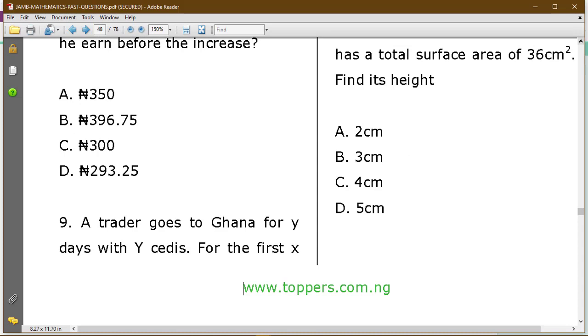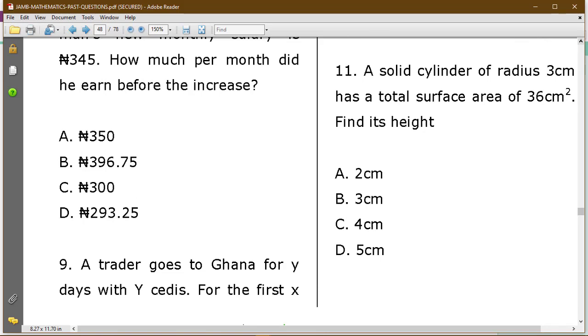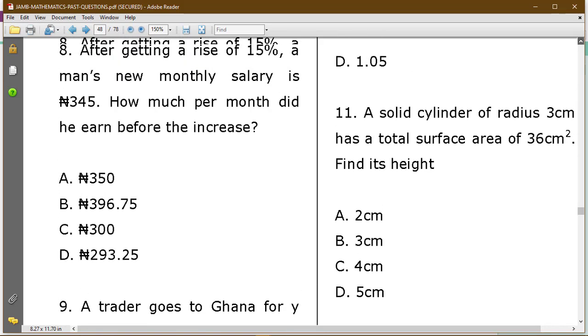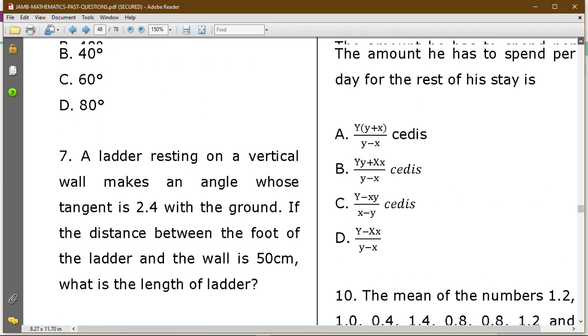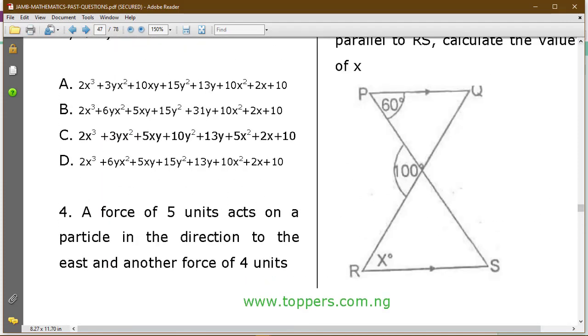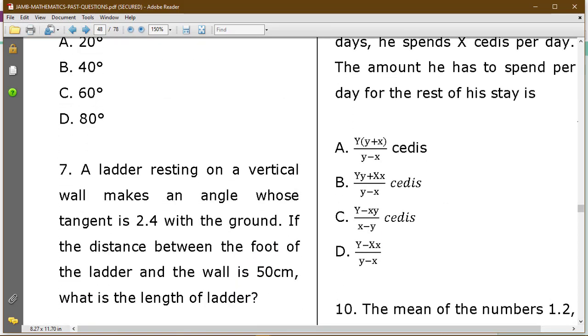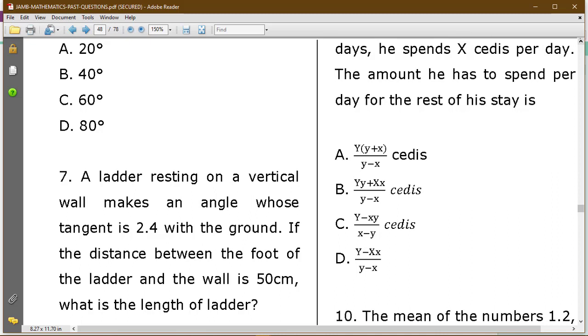He went with Y cedis. For the first X days, he spends X cedis per day. The amount he has to spend per day for the rest of his stay is dash.